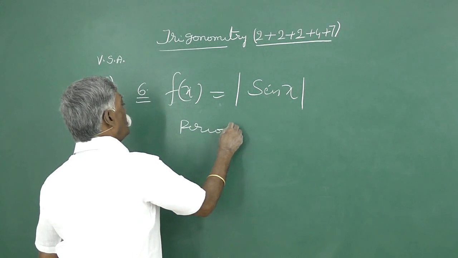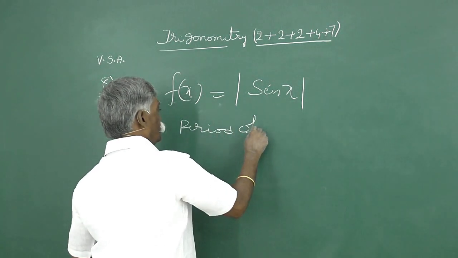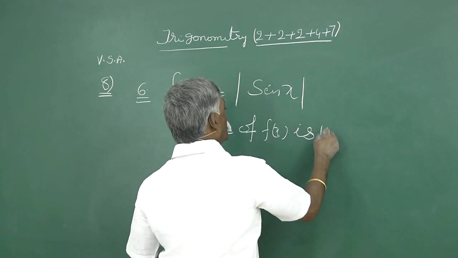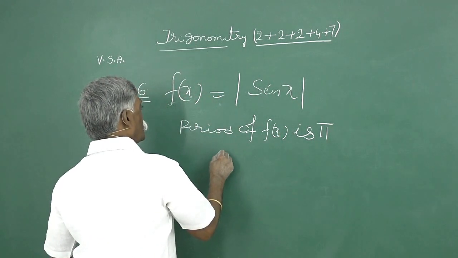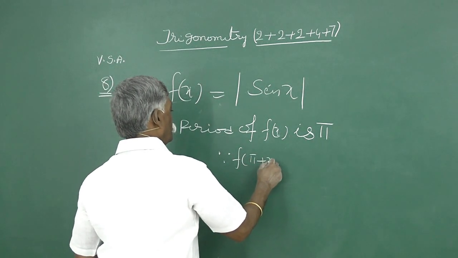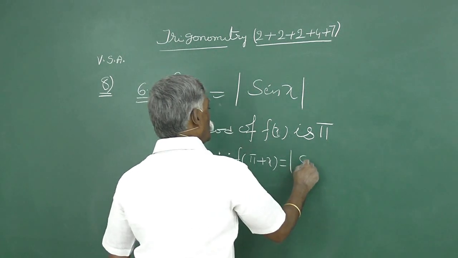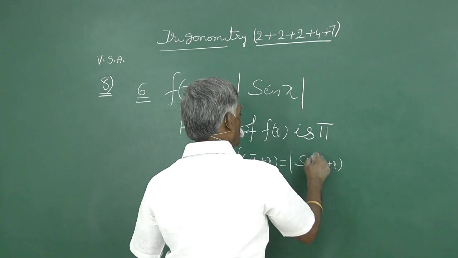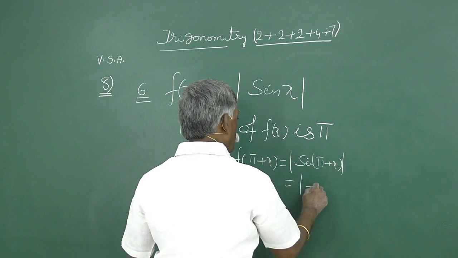Period of f of x is pi, since f of pi plus x is equal to modulus of sin of pi plus x, which is equal to modulus of minus sin x.